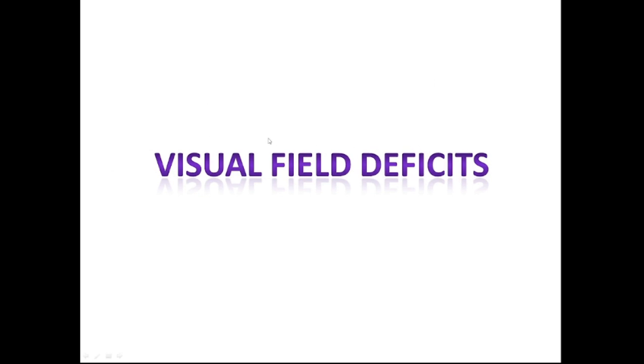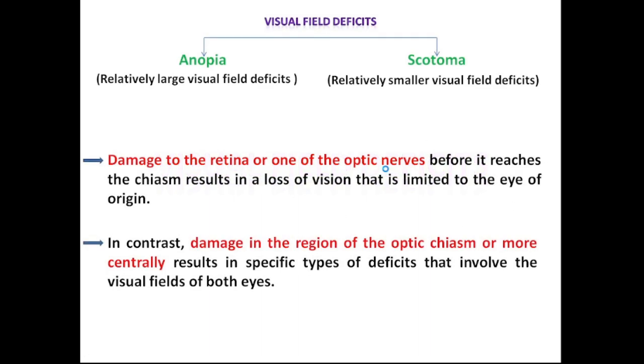Now let us see what visual field defects or deficits you can find if you damage different parts of the visual pathway. If you have not gone through the visual pathway, just go to my video which I have already uploaded regarding the visual pathway, then come back to this video.